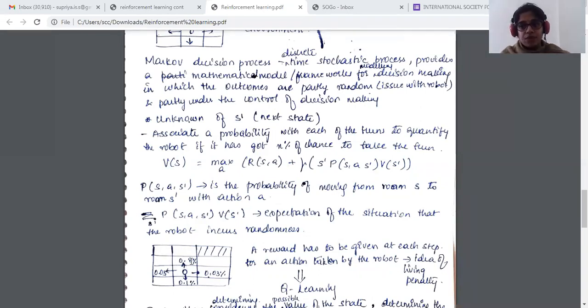The probability of the robot taking the left side is 0.03. The probability of the robot taking the right hand side is 0.03. The probability of it taking the below part is 0.1. So I'm going to associate a probability for each and every state to quantify for the robot which direction it has to take, based on the percentage. I'm going to quantify and tell the robot.